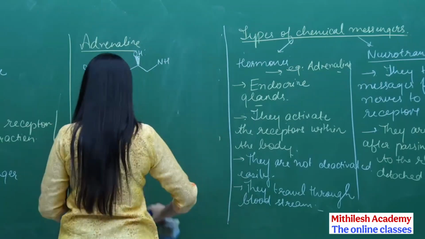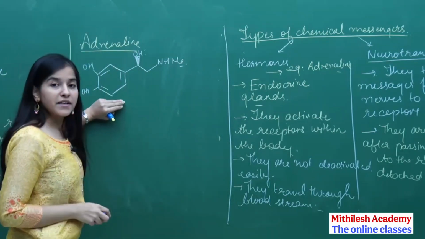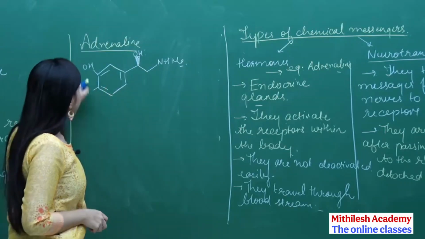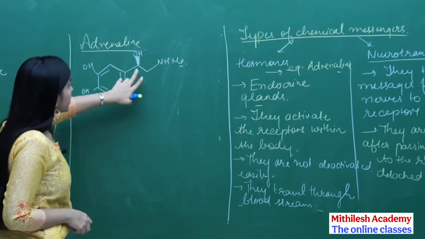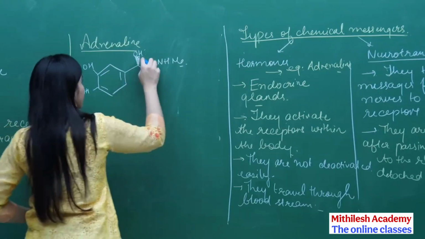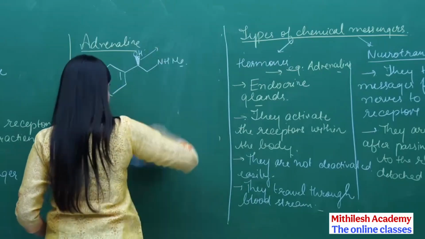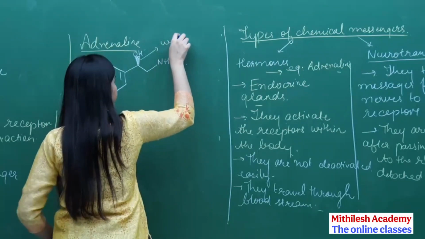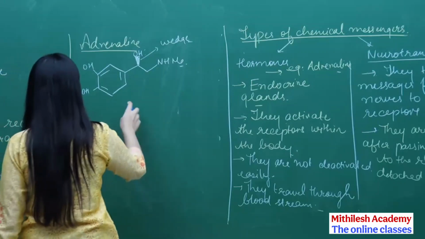So that is nothing but adrenaline. That is how it looks. It is an aromatic ring having two OH groups over here, and I have another OH over here. This is represented as a wedge. So that is how we are going to represent this group.